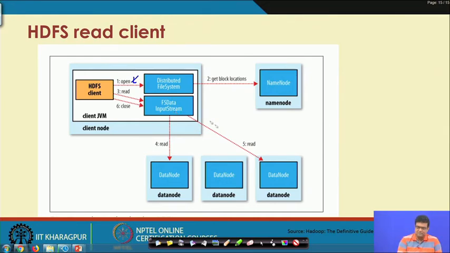So, this object will initiate the reads one by one from the different data nodes, and the data nodes will directly supply the data to the client in this machine. And then once it is done with reading all the blocks, it will just issue a close message, which will result in the completion of the read activity.